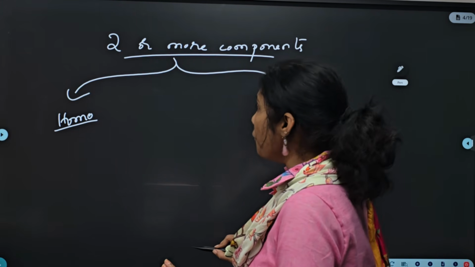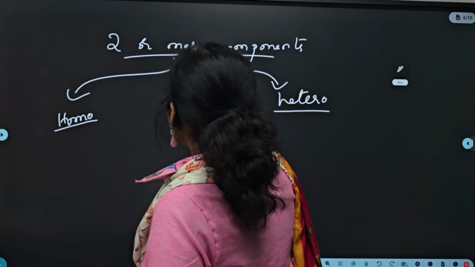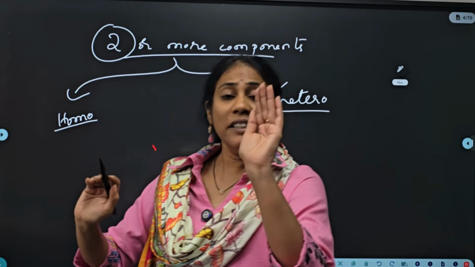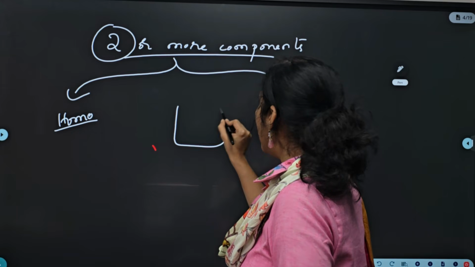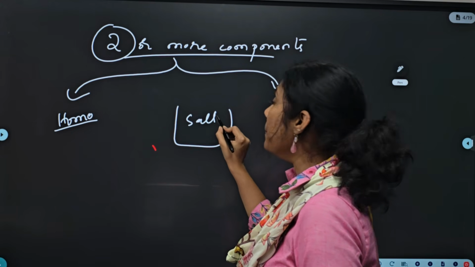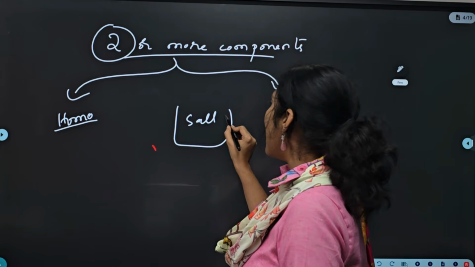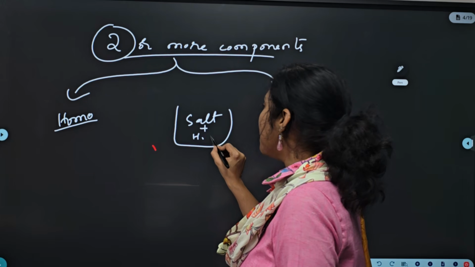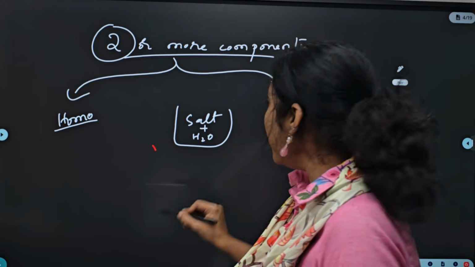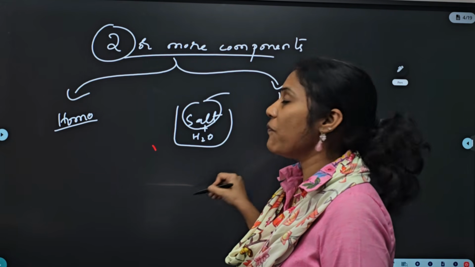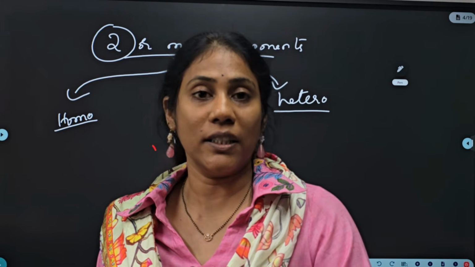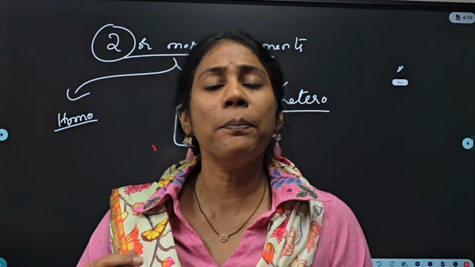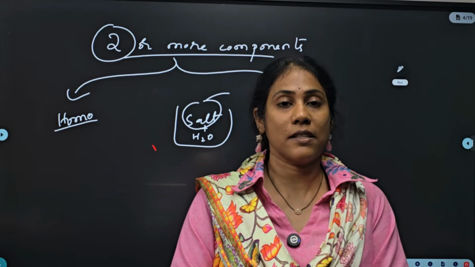Okay, fine. And now if you want to separate one component from another component, say you have a salt solution here. What do you mean by salt solution? Salt solution is nothing but a salt plus water mixture. So if I want to separate salt from water, or sugar from a sugar solution, we need to perform certain processes.